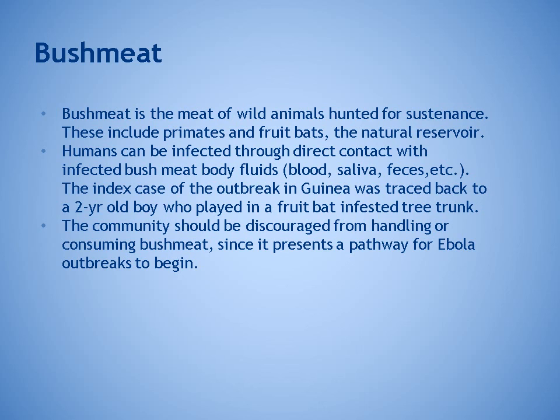The index case of the current outbreak in West Africa was traced back to a 2-year-old boy in Guinea who was playing in a tree trunk that was also used by fruit bats as a den. The community should be discouraged from handling or consuming bushmeat since it presents a pathway for Ebola outbreaks to begin.